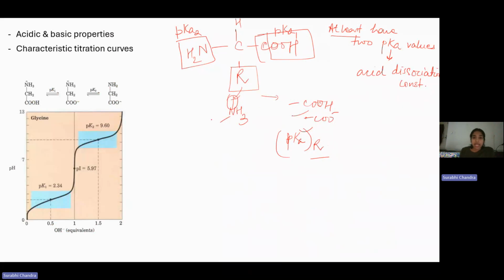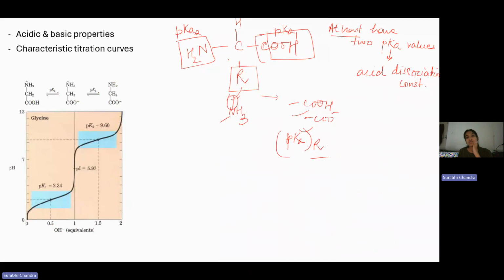Now these different pKa values and the different types of R group present in an amino acid determine its behavior in a medium.